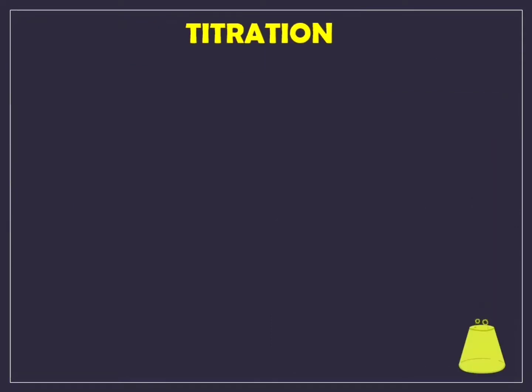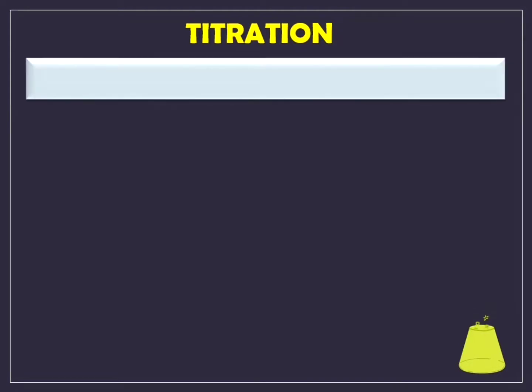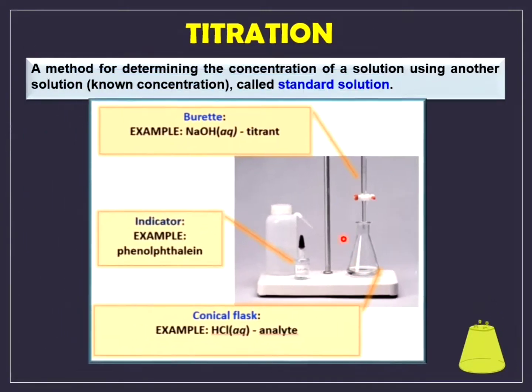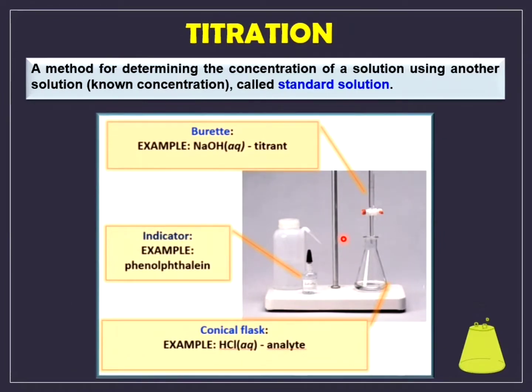So what is the titration process? Titration is a method for determining the concentration of a solution using another solution whose concentration we know, called the standard solution. So this is the process of titration yang you dah biasa buat dalam kelas amali.